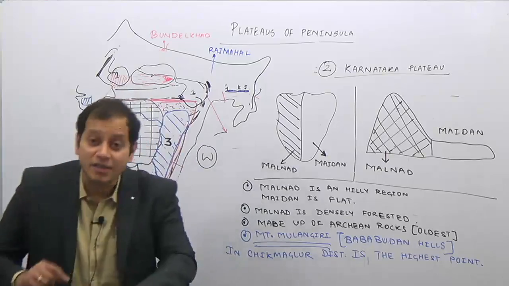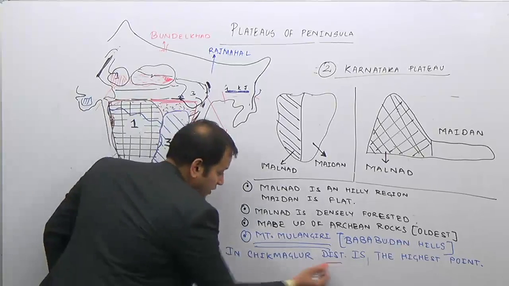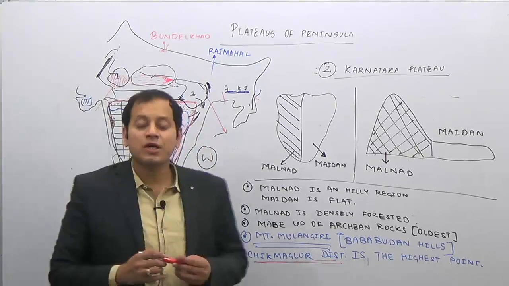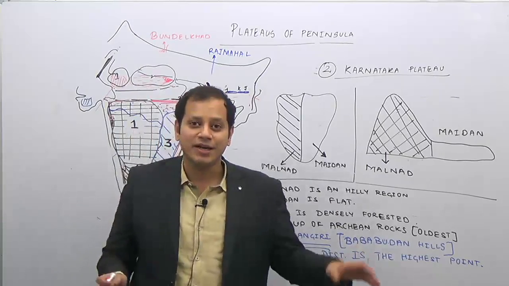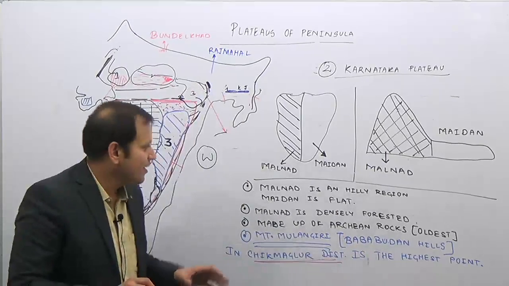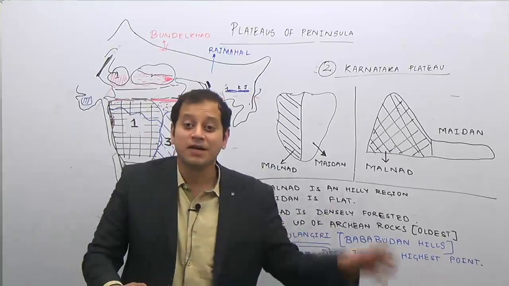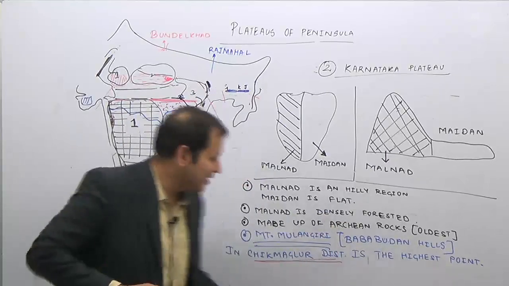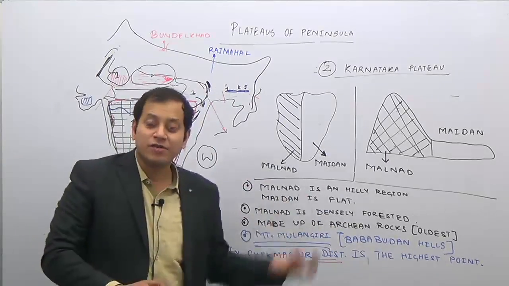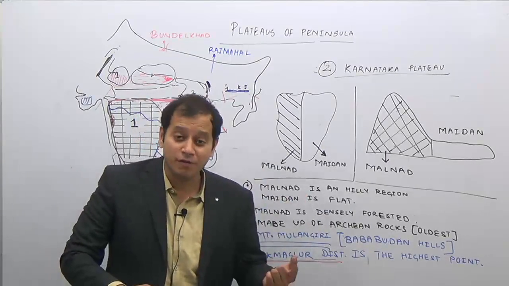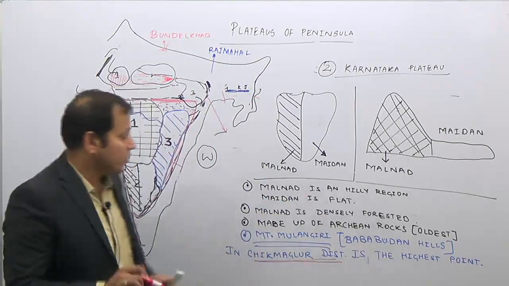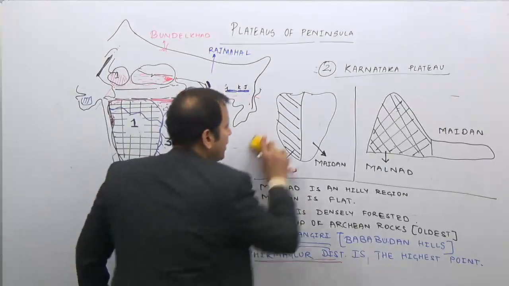Now two interesting facts about the Chikmagalur district and Baba Budan. Baba Budan was a saint who came to India, and when he came, he brought coffee plants along with him. As a result, today the Chikmagalur district of Karnataka is famous for coffee plantations.